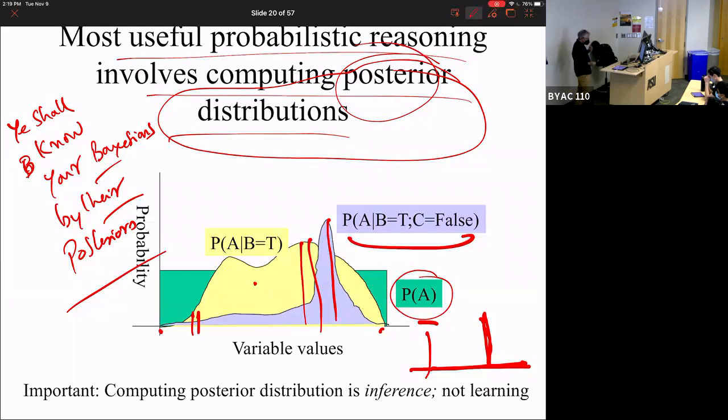In fact, the idea called entropy of a distribution captures that. The uniform distribution has the highest entropy, whereas peaked distributions have lower entropies. And a distribution which puts all its probability mass on a single value has the lowest entropy, because there is no mystery left at that point.